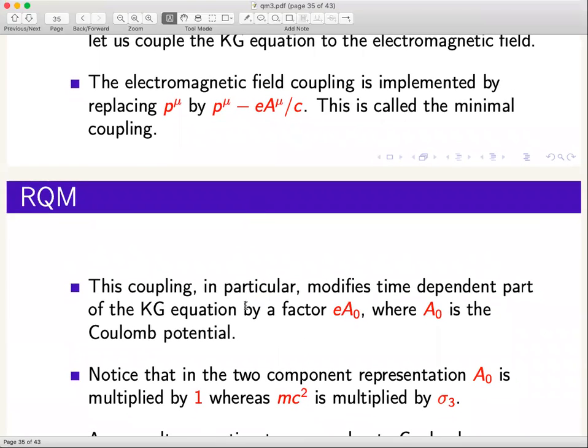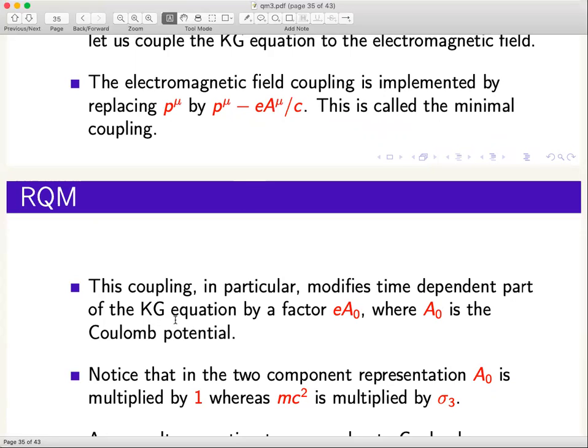So what happens in this particular case is that when you change p mu to p mu minus A mu, it also changes p0 to p0 minus A0. So you have this additional factor e times A0 in the Klein-Gordon equation. We know that A0 is the Coulomb potential, and when we tried to solve the Schrodinger equation, it was part of the potential that we had to put in, besides doing this kind of modification for the spatial part of the Schrodinger equation.